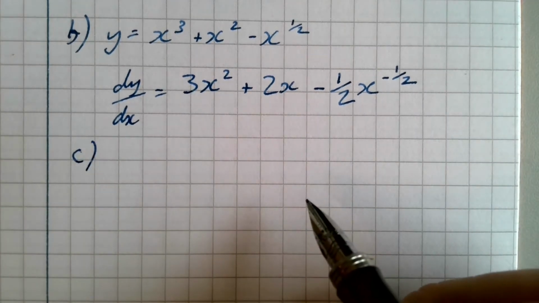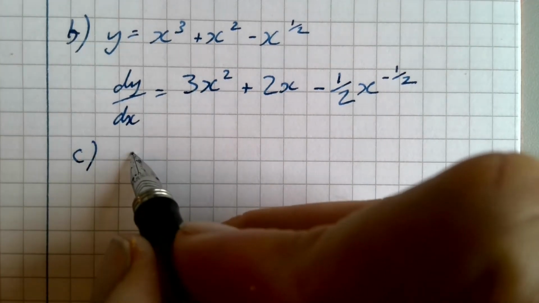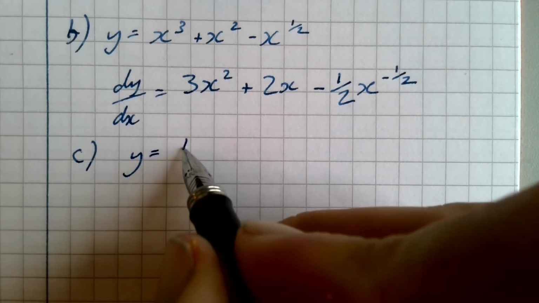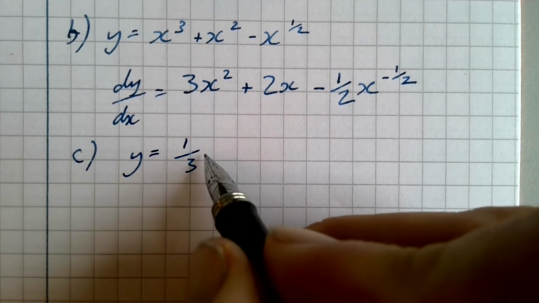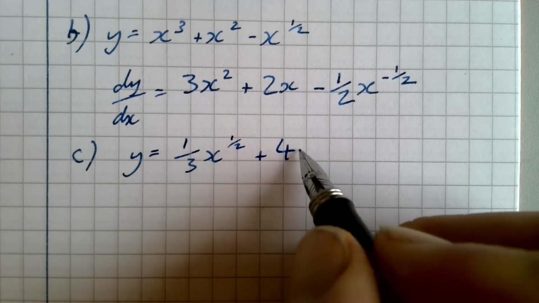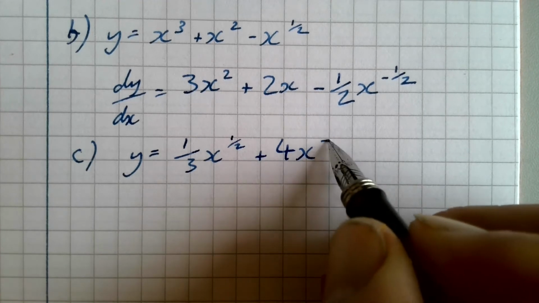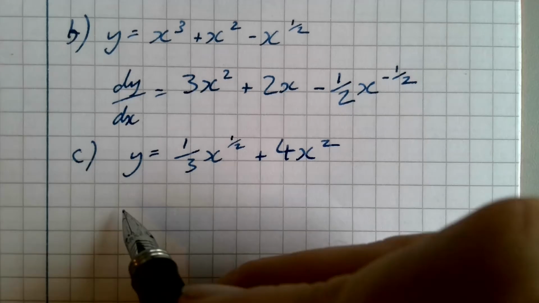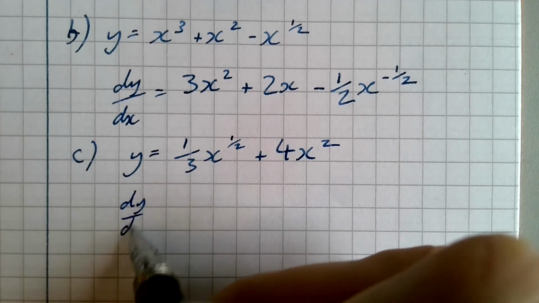So the next part, the next example is y equals 1/3 x to the power half plus 4x squared. And for this, we'll start off doing the same idea.